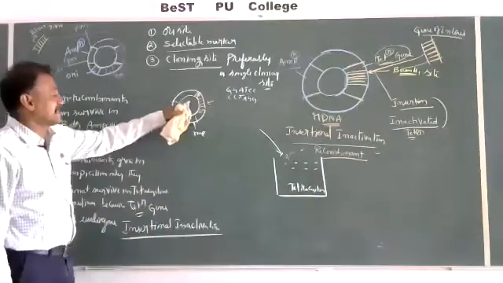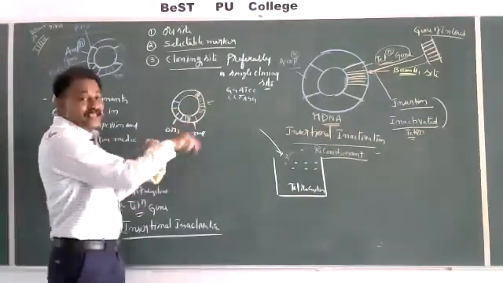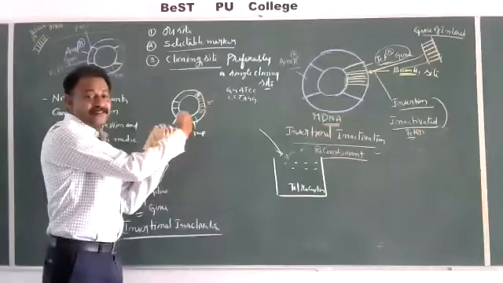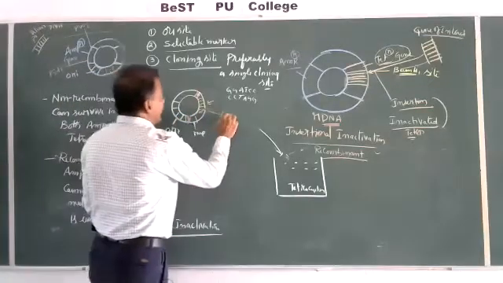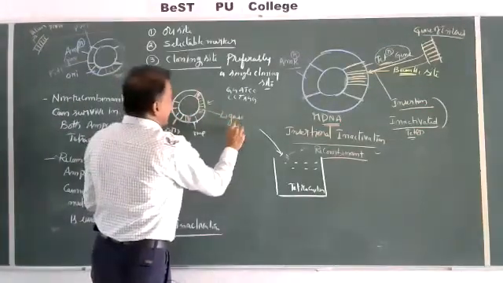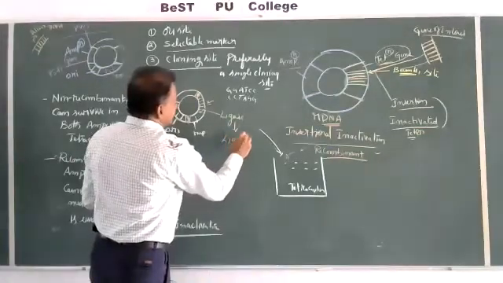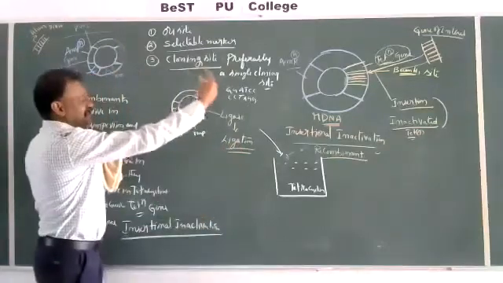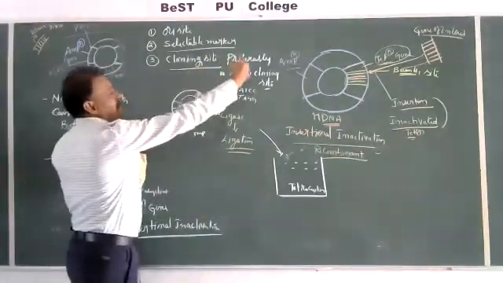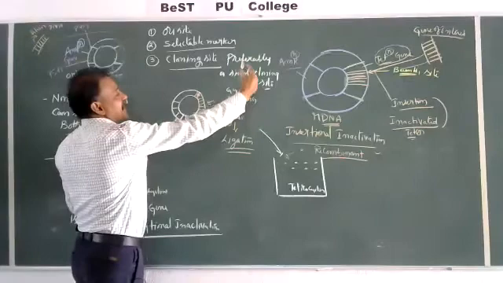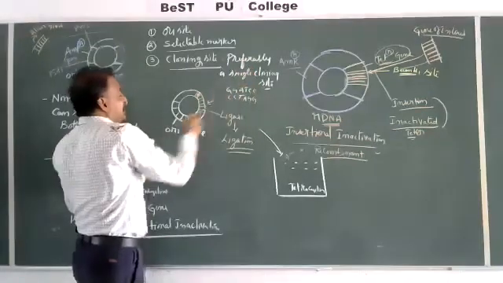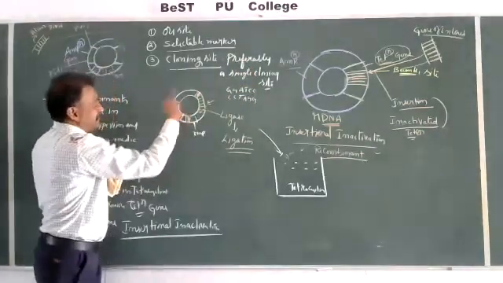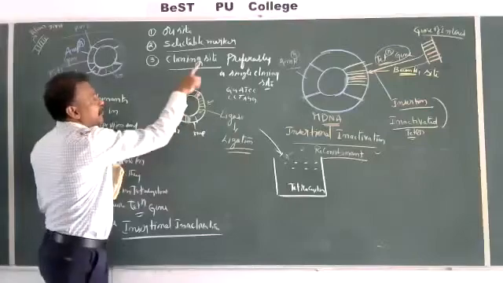A single cloning site makes easy joining with the help of ligase enzyme, the ligation process, with the help of DNA ligase with sticky ends. The already collected piece of DNA or gene of interest is added to the vector which is having a single cloning site.